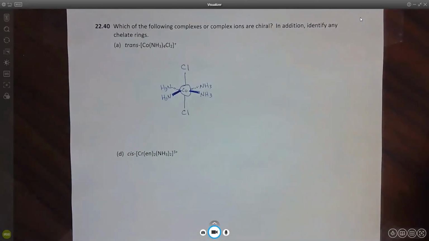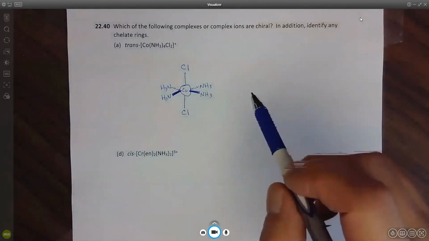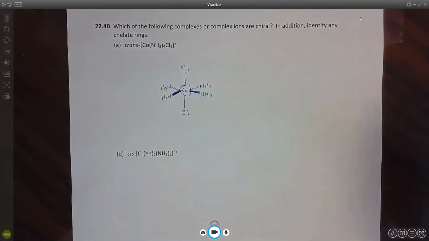So there is our trans tetraamminedichlorocobalt(II) complex ion. Okay, so it wants to know, is it chiral? Well, if it's chiral, it will have no plane of symmetry.